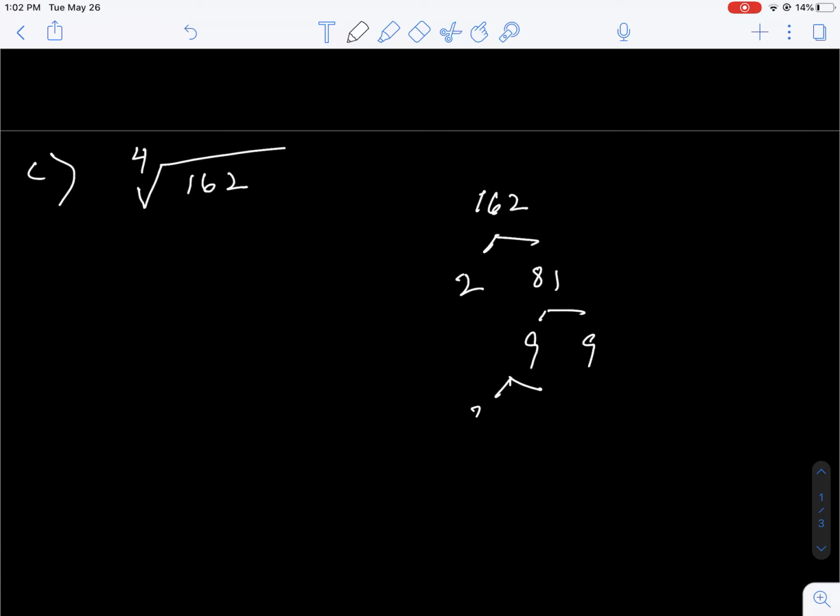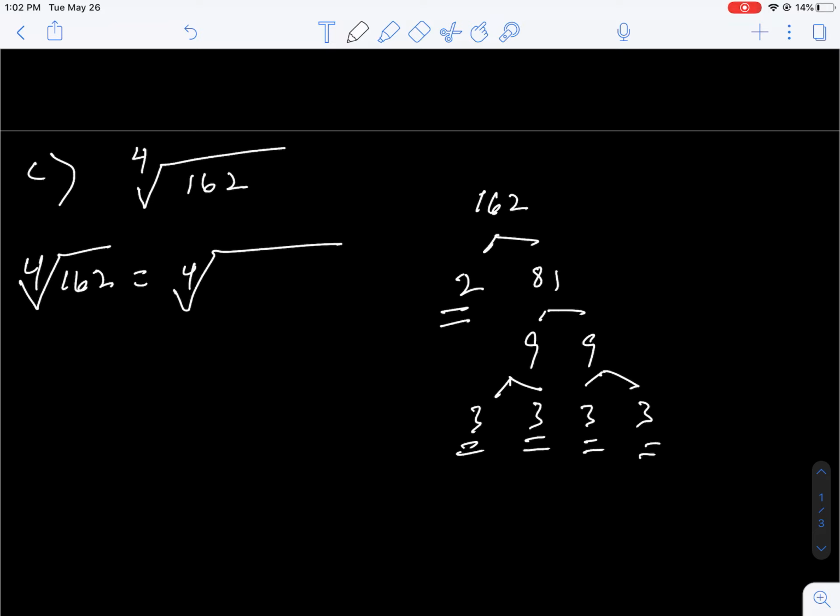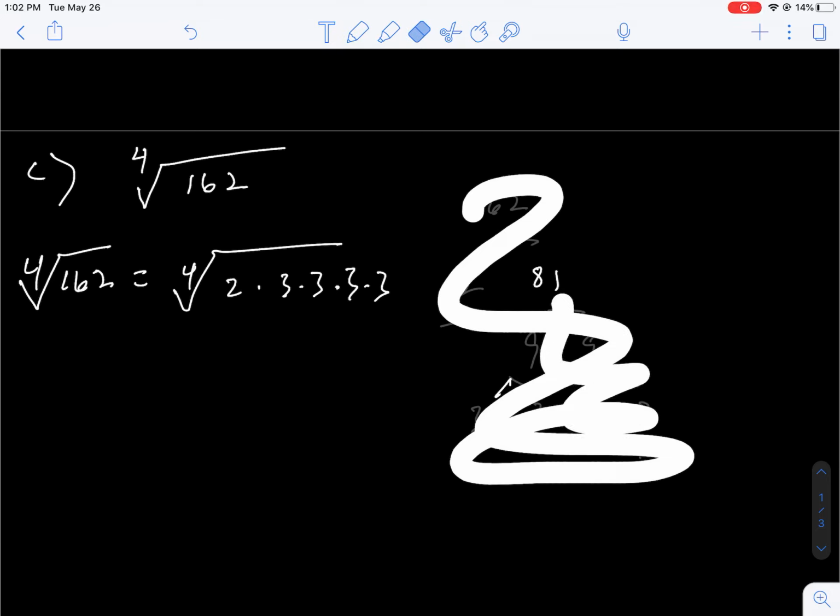We can further simplify this. So we have a factor of 2, then 3, 3, 3, and 3. So the 4th root of 162 is equal to the 4th root of, I will write that 162 as a product of its prime factors. 2 times 3, and we got four 3's. Okay, I will erase this because I don't need it anymore.